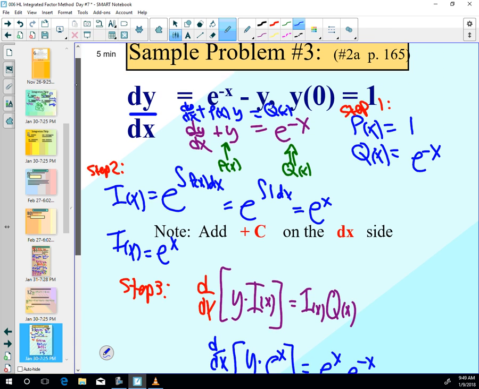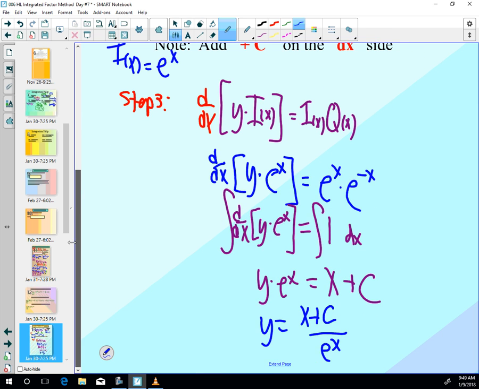I don't think I had a point. Oh, I did have a point for this one. 0, 1. So we can find c for this one. If this is 0 and this is 1, what's c going to be? E to the 0 times 1 is 1.